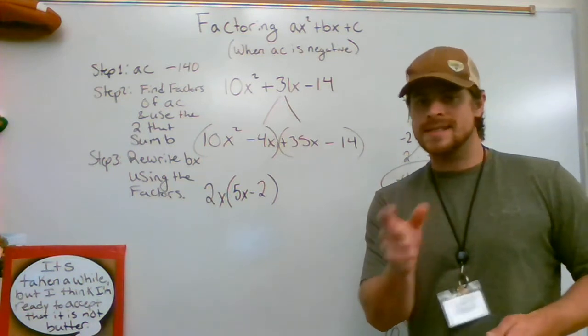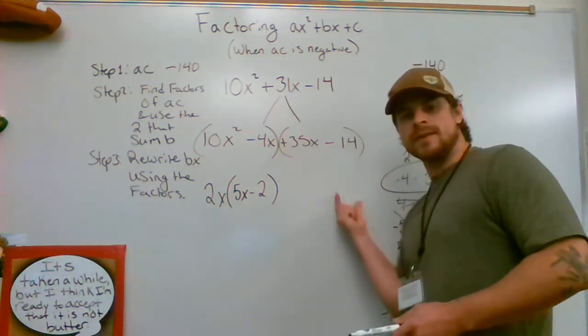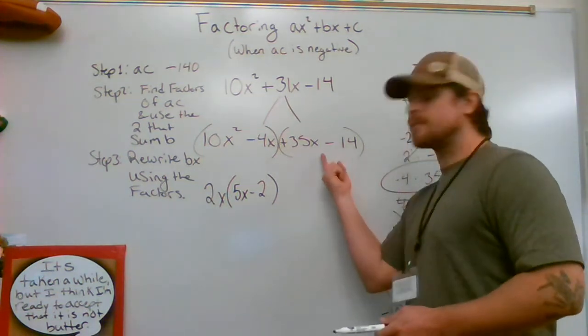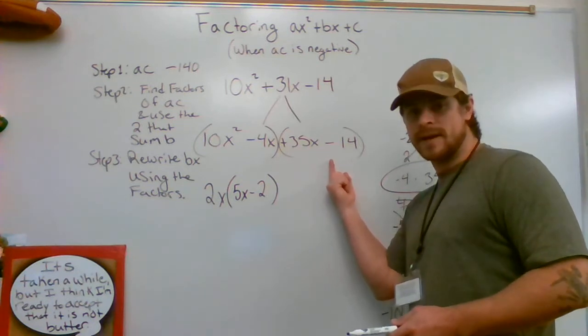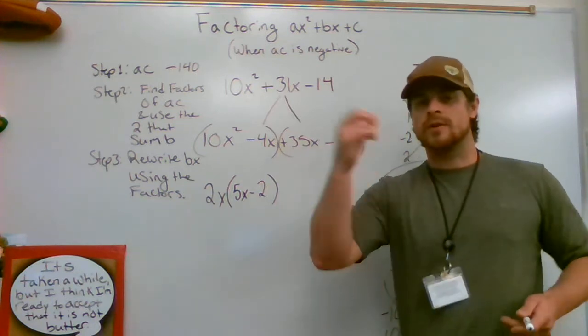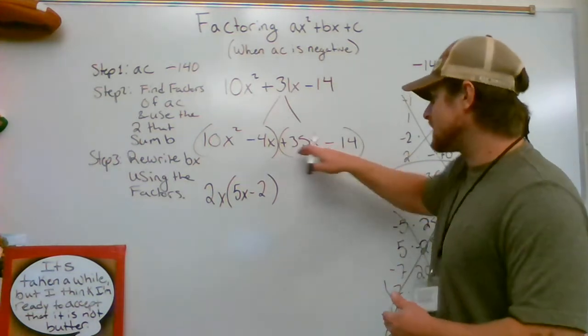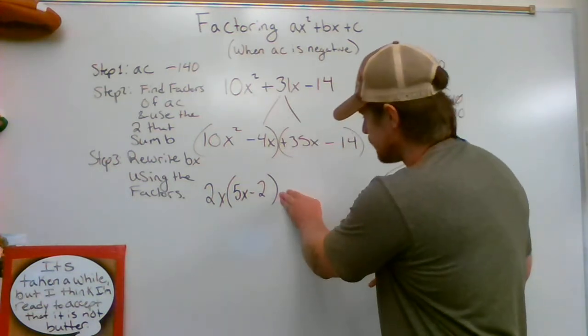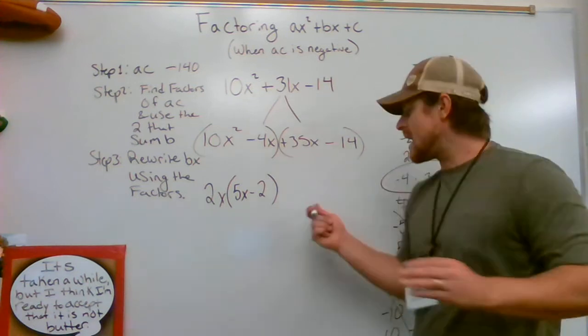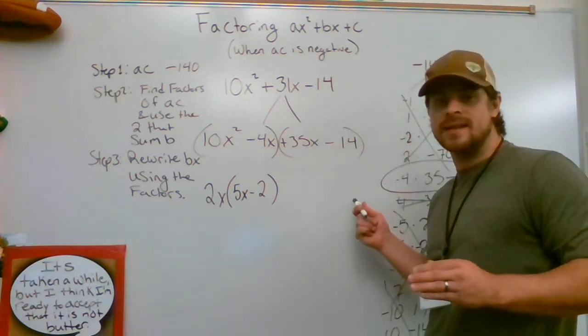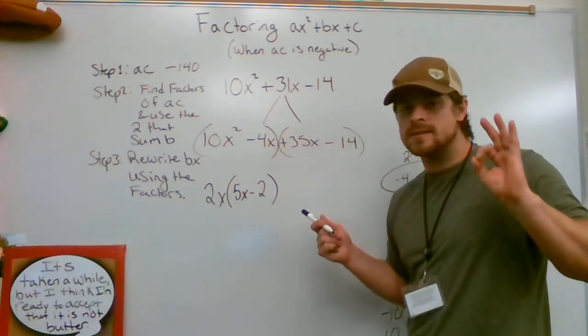We want to see a match in the other parenthesis that we get over here after finding our greatest common factor of this binomial. That will tell us we're on the right track and we're doing everything correctly. So if I find the greatest common factor here, pull it out, and then I have a 5x minus 2 on the inside of the other parentheses, life is good.